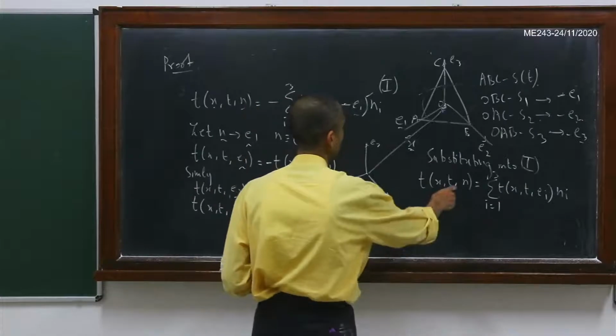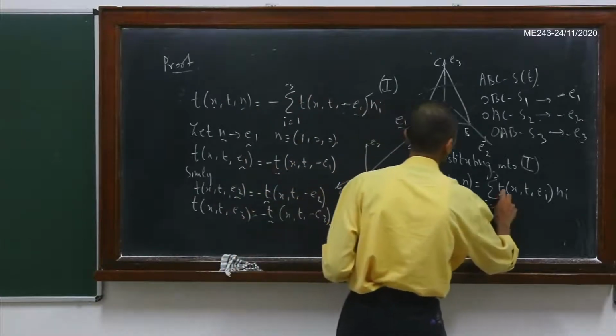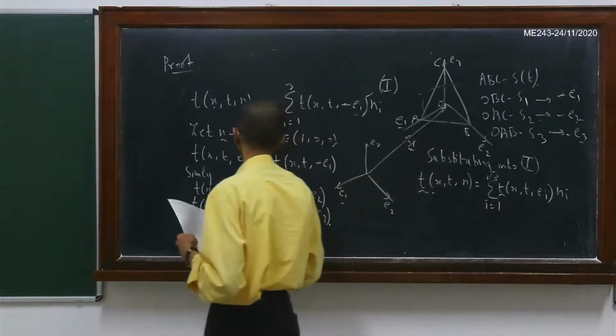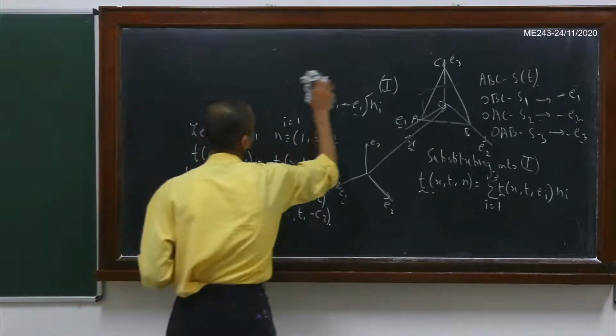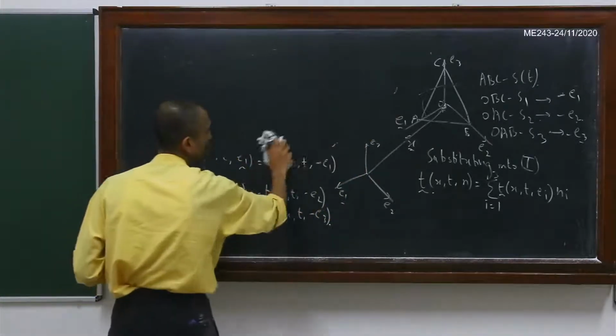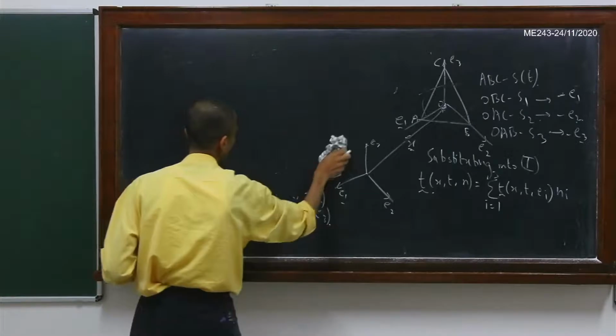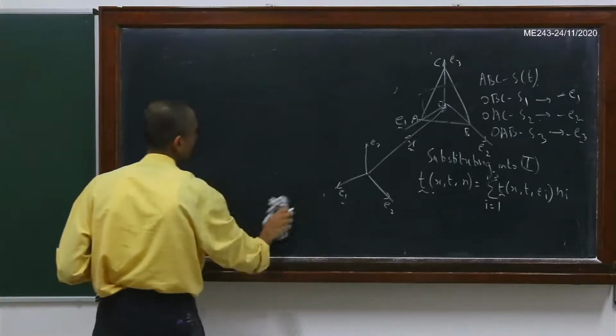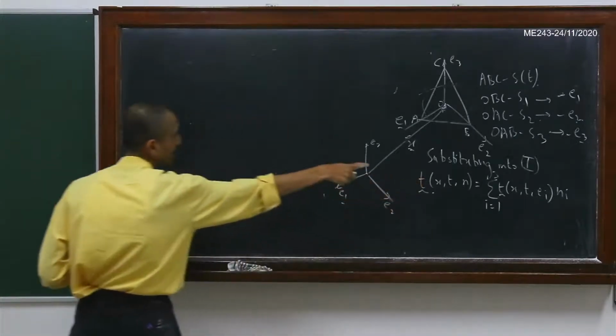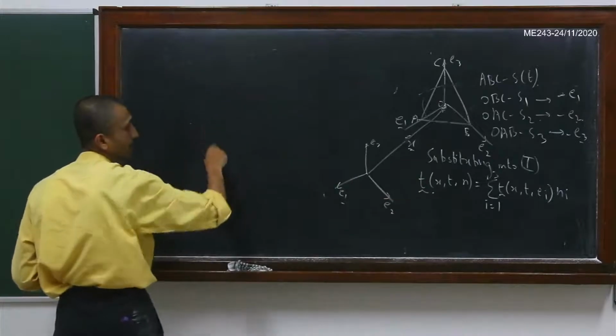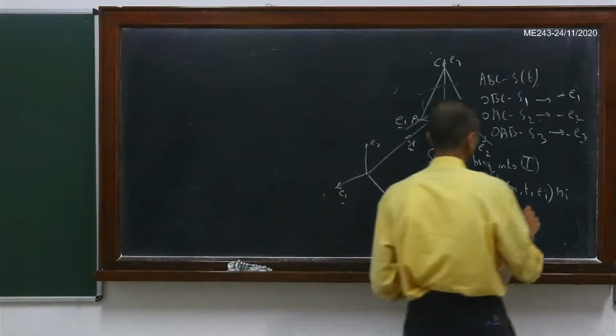So from this, let us write what is T of x, t, minus n. If I substitute minus n there, let me call the previous equation 2.